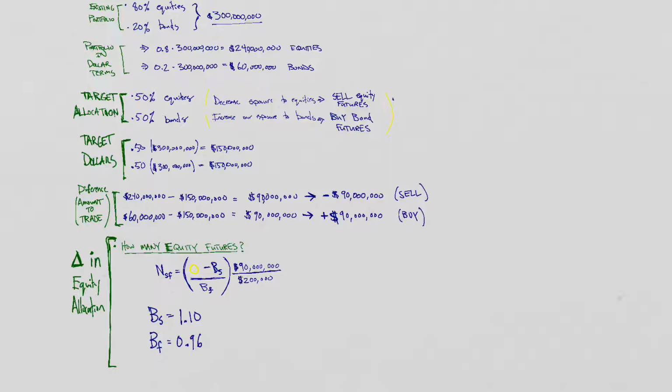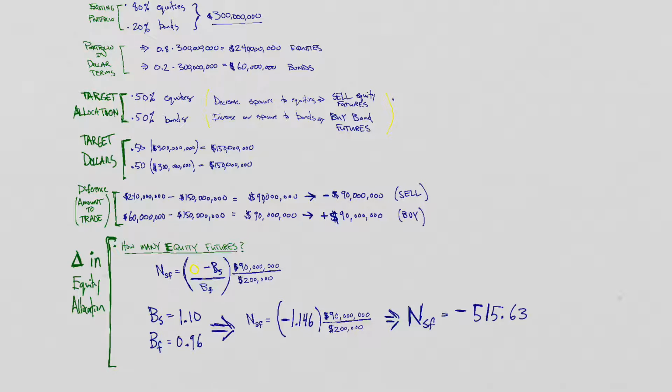So plugging these numbers in means that this term becomes this, which is in turn simplified to this number here, and then simplifying further, we get a number for the amount of stock futures that we need to sell of 515.63.